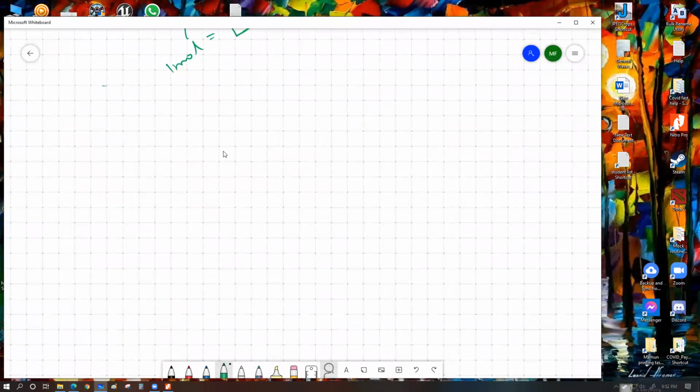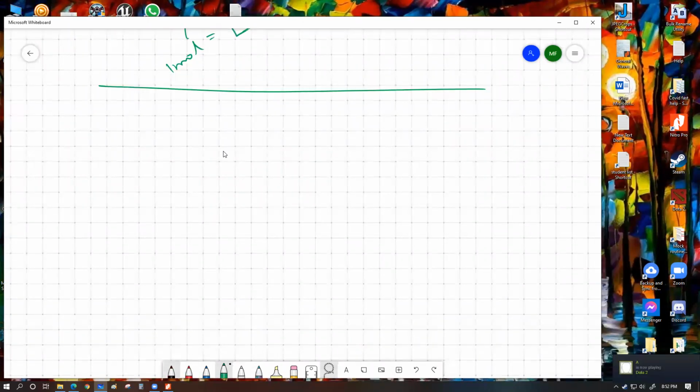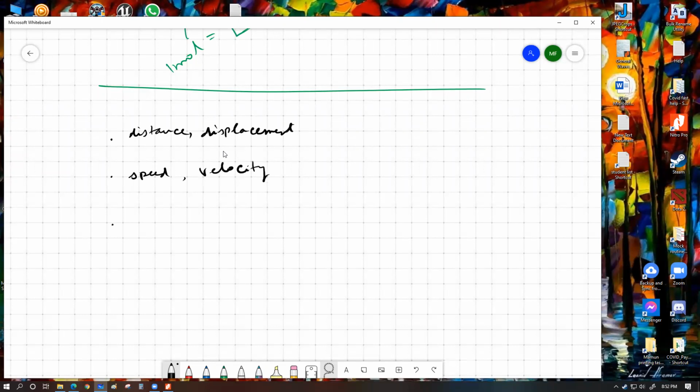Chapter 2 has a lot of definitions. First of all, the definitions that we have to understand are distance and displacement. What do we understand by these two things? Then we have speed and velocity. Then we have acceleration.